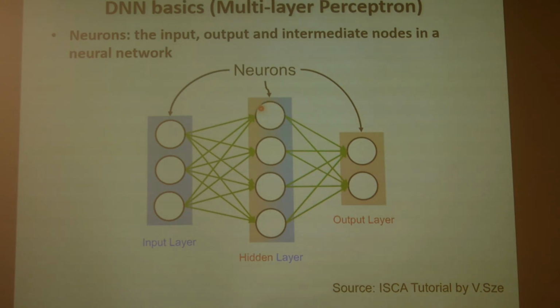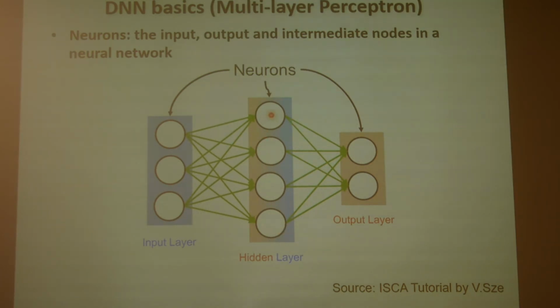Basically, they're just some numerical values. The first neuron layer of the network is called the input layer, and the input, such as an image or some text, is fed into this input layer, and the intermediate layer is called a hidden layer.